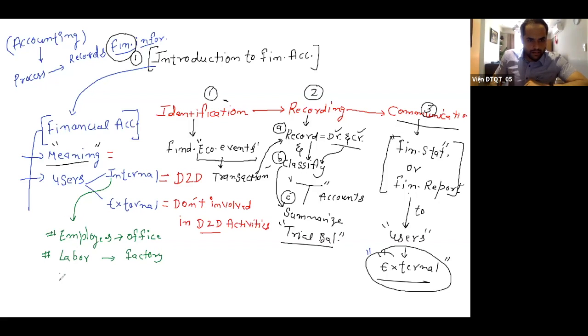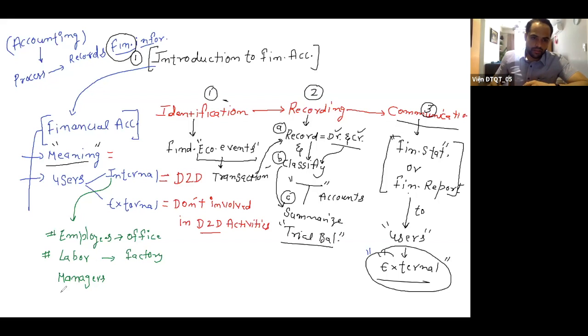And another one is the managers who manage the companies, probably the middle managers: account manager, human resource manager, IT manager, production manager, purchase manager, and so on. All these people are internal users. They need internal information for the company.